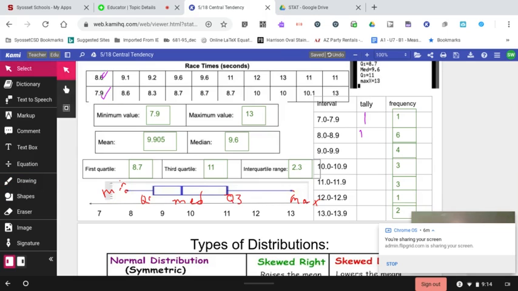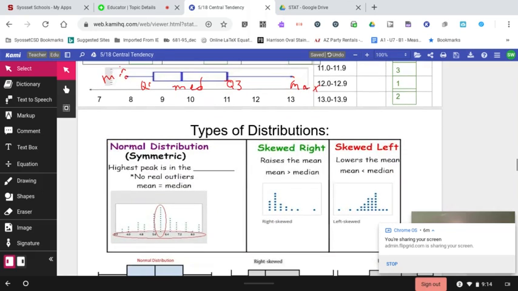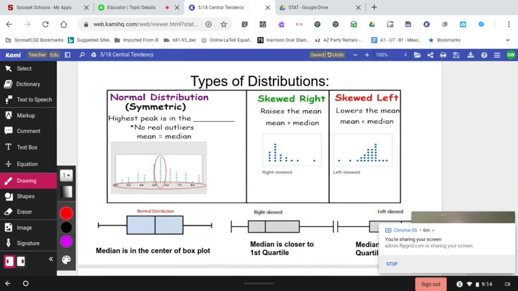Now, we talked a little bit before about skewed distribution. The skew is where the tail is. If your distribution is normal, we would say the median is in the center. The median and the mean would actually be equal, and the box plot would look just like this, very centered.